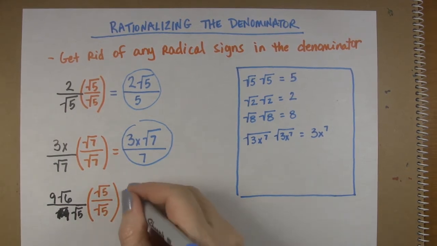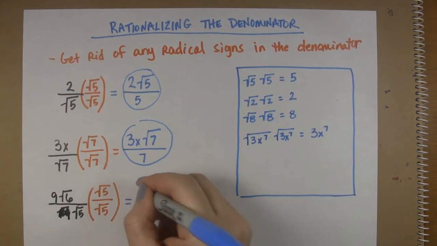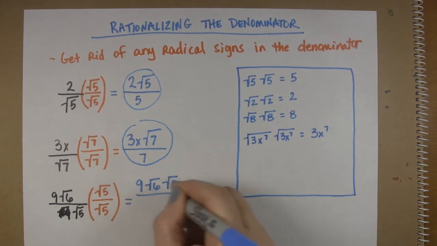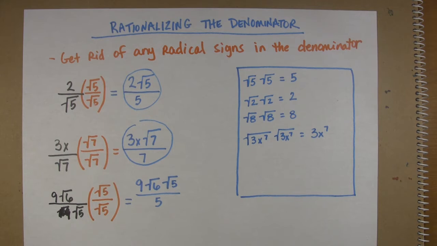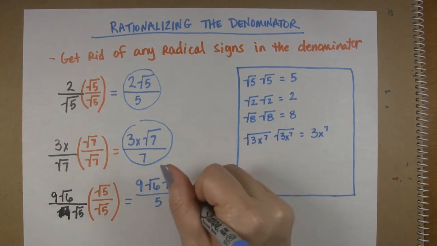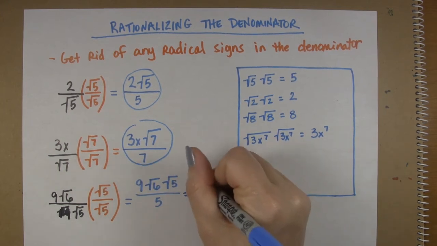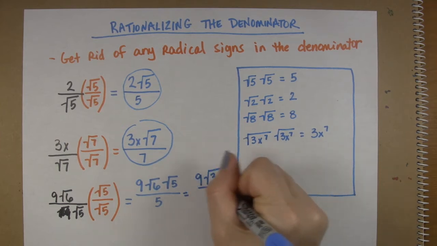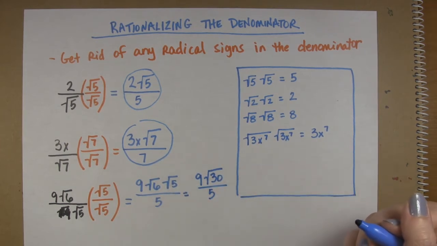And that will give us 9 root 6 root 5 over plain old 5. Now, obviously, this is not in good form because we know that we can just multiply those together into something beautiful. So let's do that. So this will be 9 root 30 over 5.